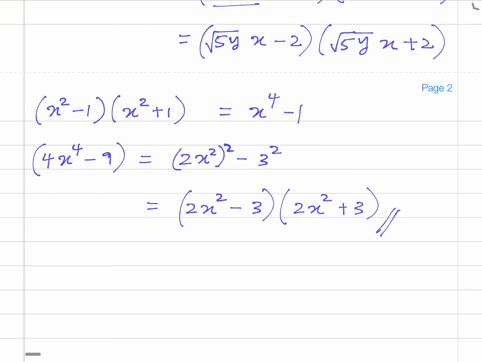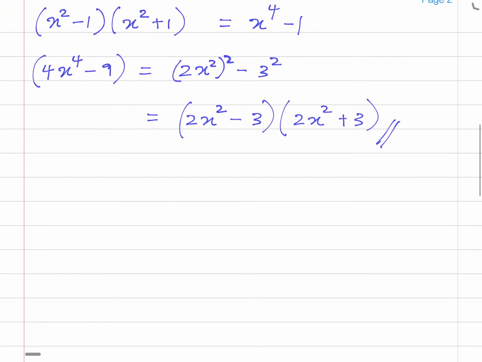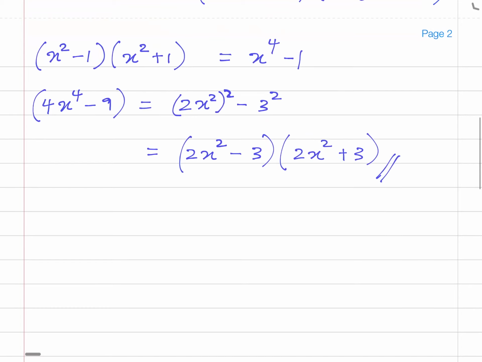That would be the answer. Likewise, we can do many things here, and this is what I wanted to show you today. If you use this basic rule, I hope you can use difference of squares.